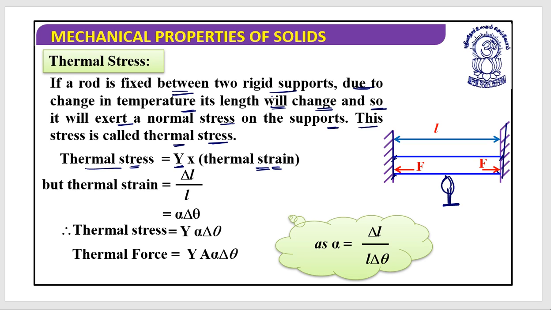But thermal strain is basically delta L by L. And in thermal properties of matter, you have learned that alpha is equal to delta L divided by L delta theta. So delta L by L is alpha delta theta. So this thermal stress could be written as Y into alpha into delta theta.